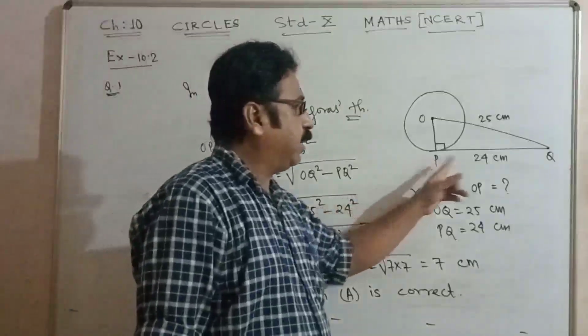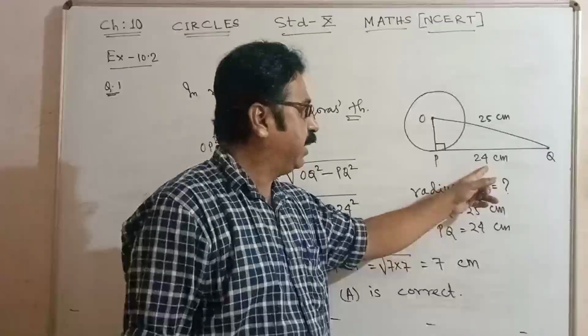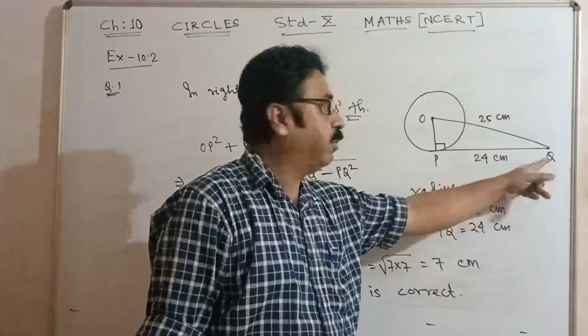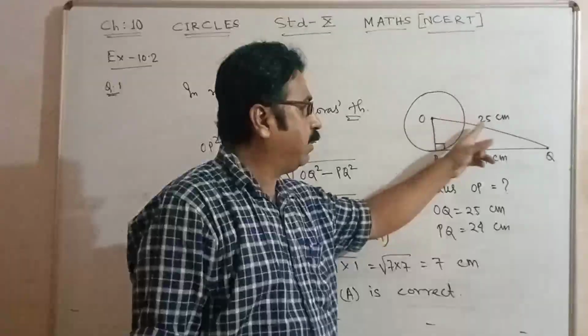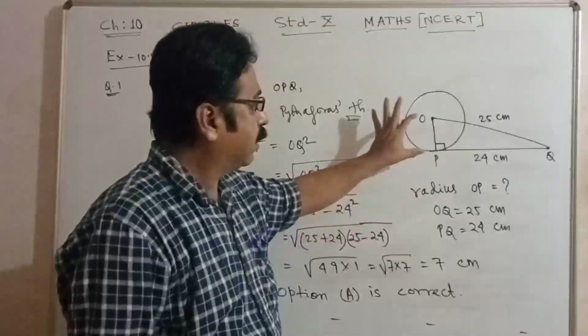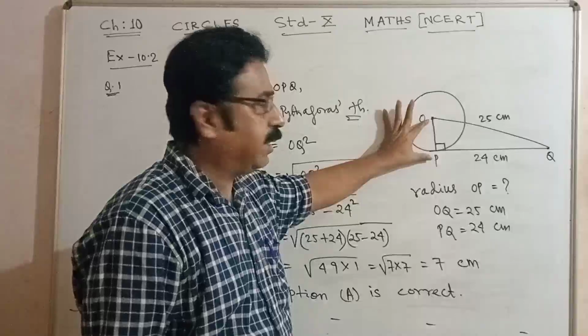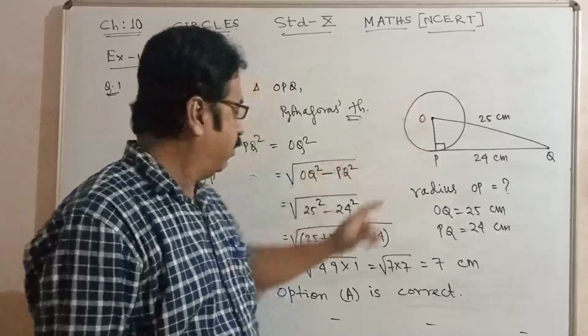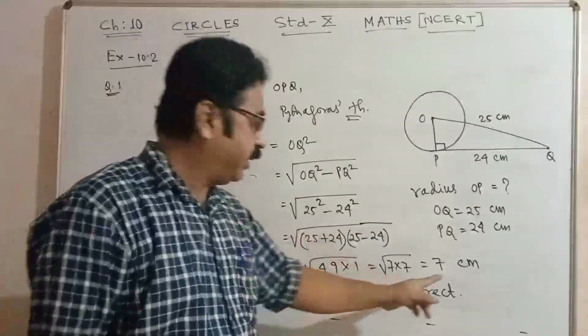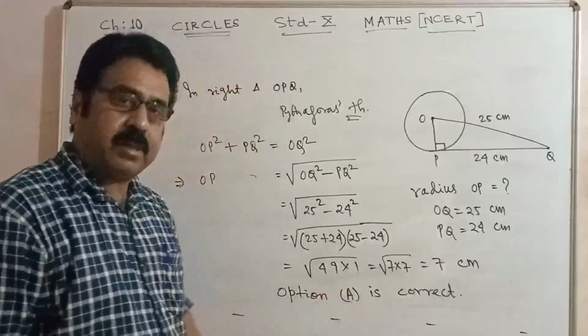This is the length of the tangent PQ. It was given 24 centimeters, and the distance of point Q from the center O was given 25 centimeters. Our requirement was to find the length of the radius OP. OP we got 7 centimeters. Option A is correct.